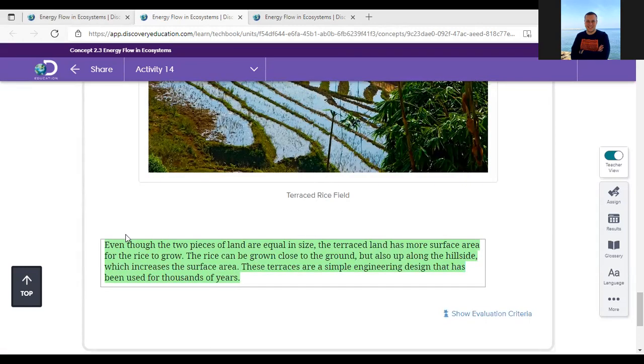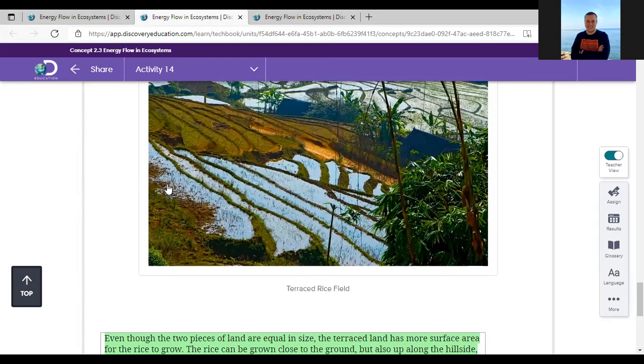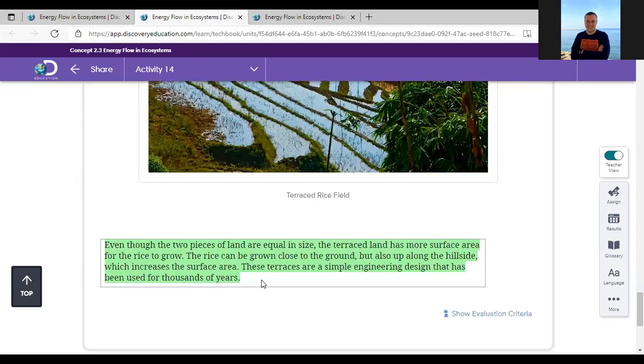Even though the two pieces of land are equal in size, as they mentioned, the terraced land has more surface area for the rice to grow. It has larger areas for the rice to grow.